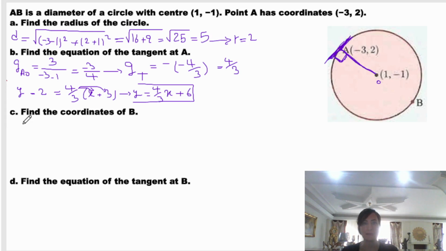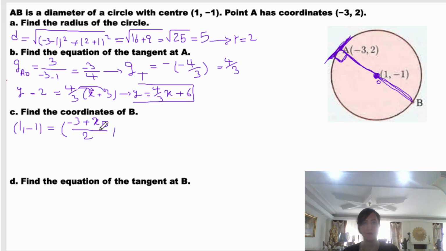I will go for part C, which says find the coordinates of B. O is the center of this circle, and we know the center is always the middle of the way A, B. So the coordinate of the midpoint equals, if I say O is (1, -1), equals the midpoint of AB, equals xA, which is -3, plus xB, divided by 2.